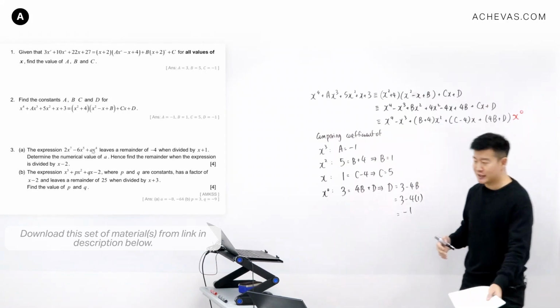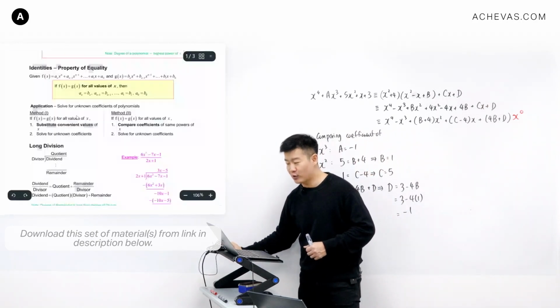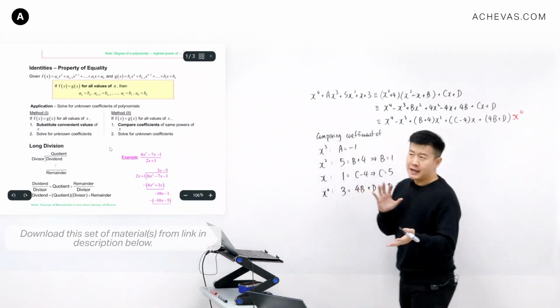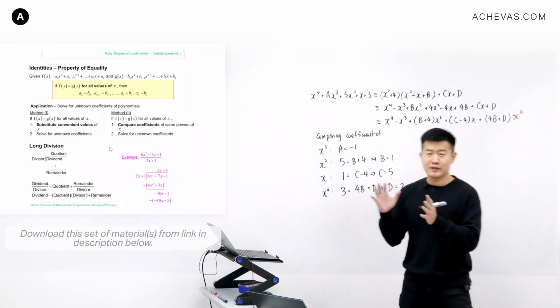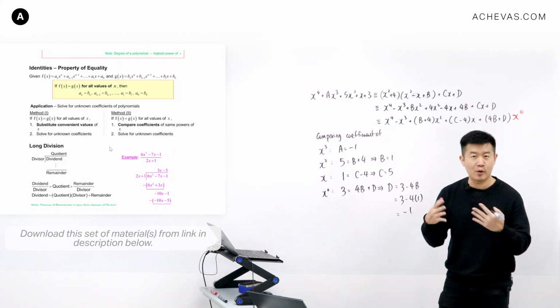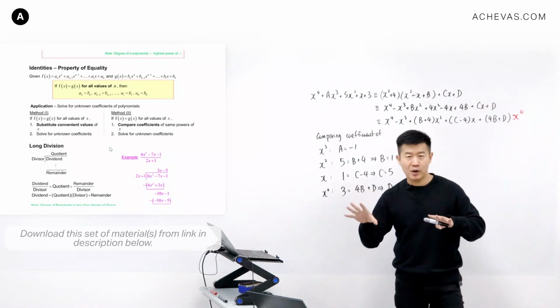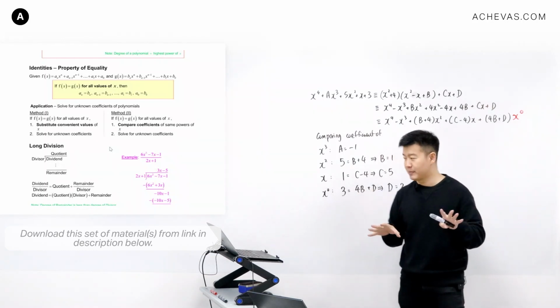So we have used the second method that I've introduced. It is to try to compare the coefficients. As for whether you are going to be using method number 1 or method number 2, it really depends on the question. But with more practice, I believe it is actually not so difficult to decide whether method number 1 is better or method number 2 is better.